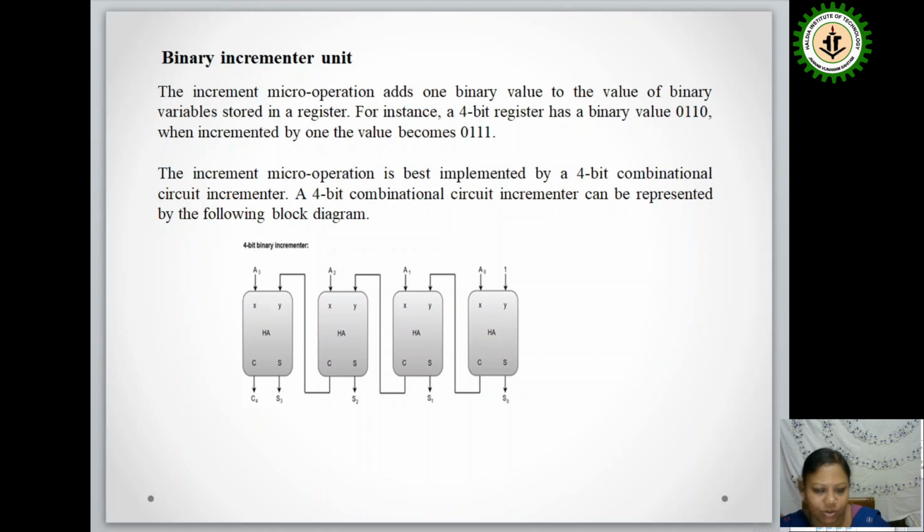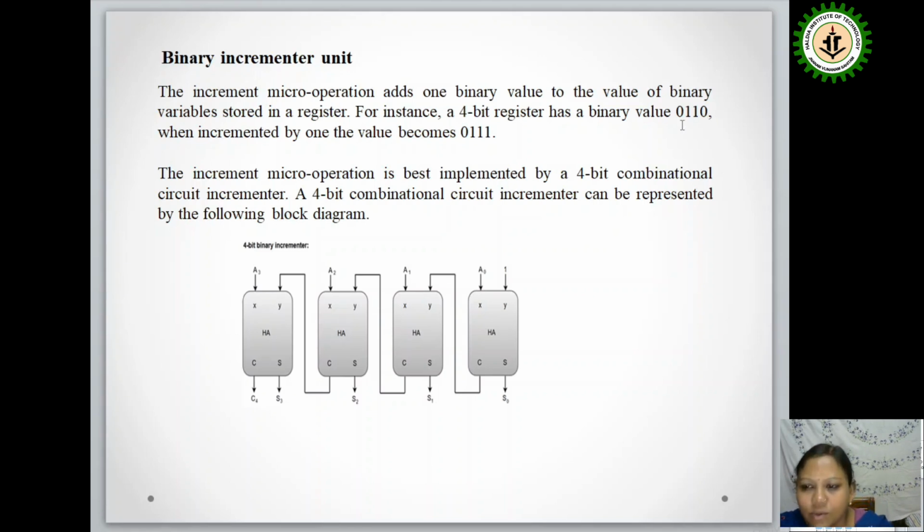So how does it calculate? The increment operation is best implemented by a 4-bit combinational incremental circuit. This is the block diagram. In the first half adder, A0, A1, A2, A3 are the bit values of the original value needed for the incrementation.